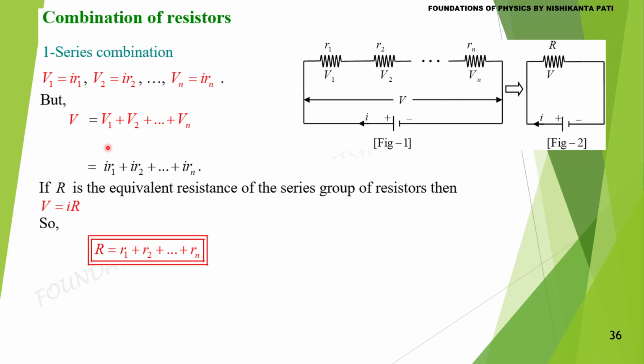V is V1 plus V2 up to Vn, and putting this value, V is equal to IR1 plus IR2 plus up to IRn. This series group of resistors behaves as a single resistor of resistance R, with current I and potential difference V. So V is equal to IR, then R equals R1 plus R2 plus up to Rn.